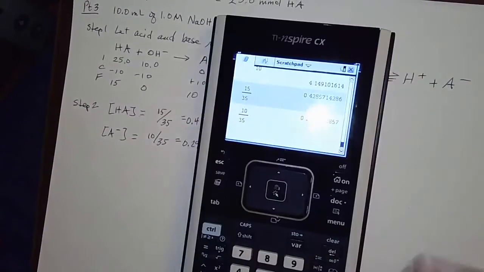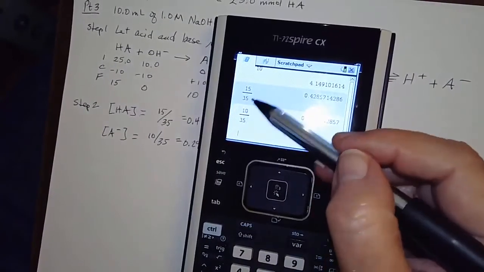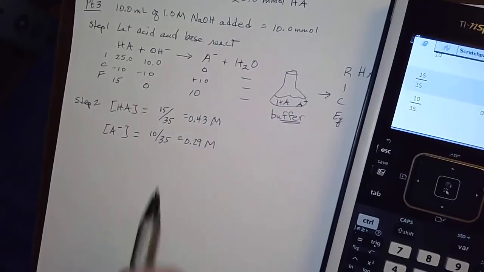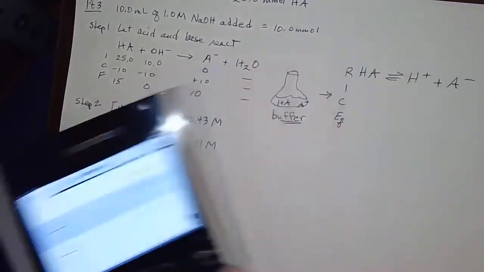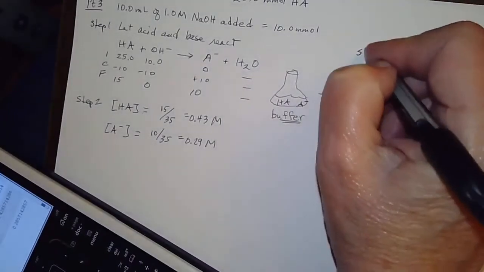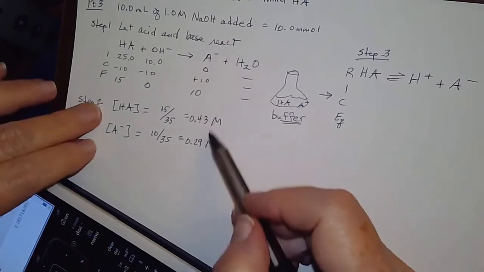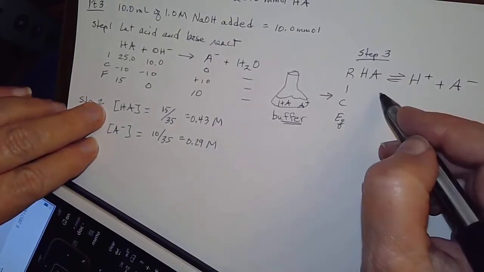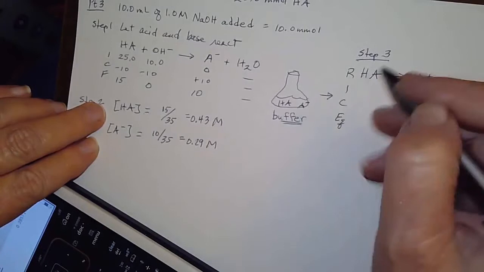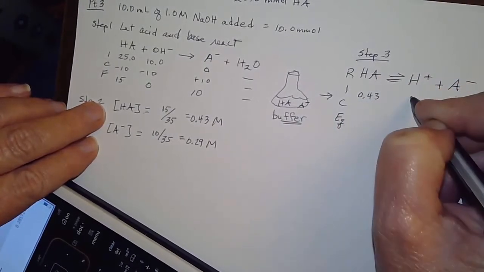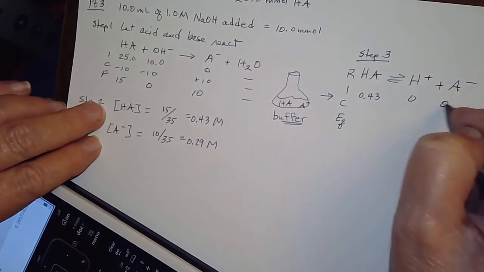Now, if you want it to come out as decimals, I always have to put the 0.0 or it doesn't do it. So there are my concentrations for step 2. This would be step 3: set up your RICE table. These become my initial concentrations in this beaker. So HA is 0.43, this is 0, and this is 0.29.